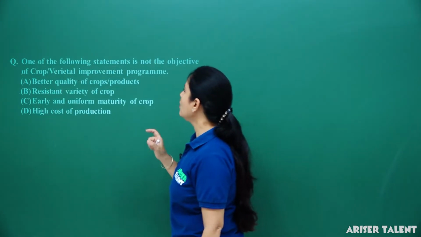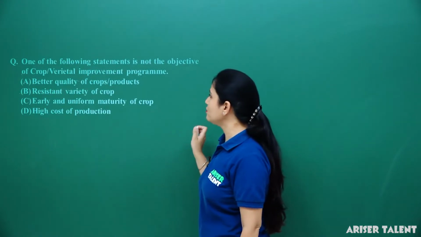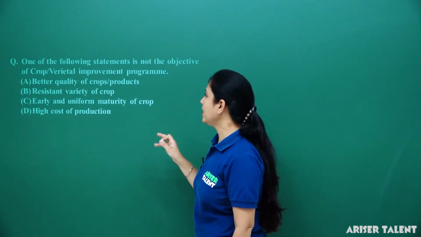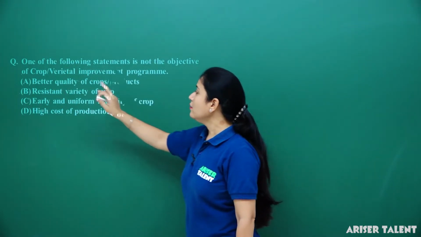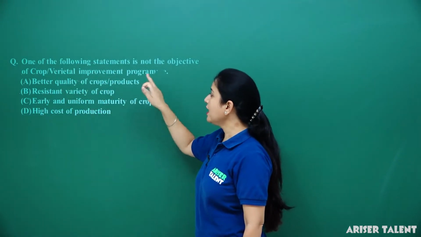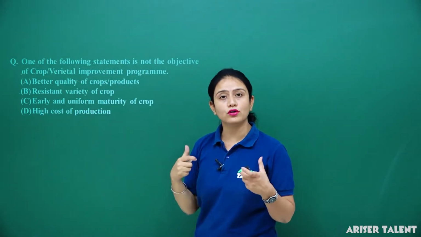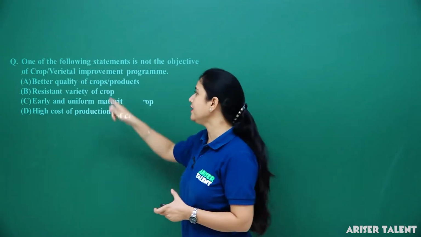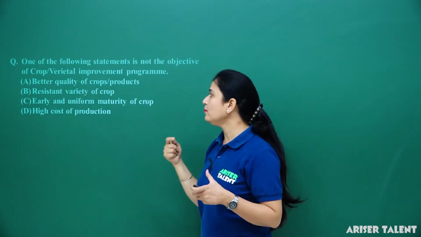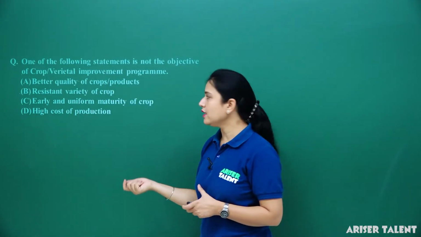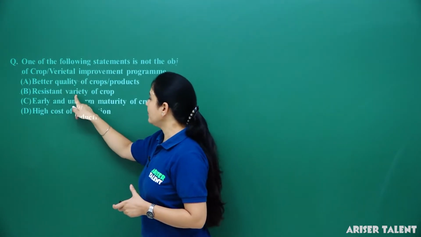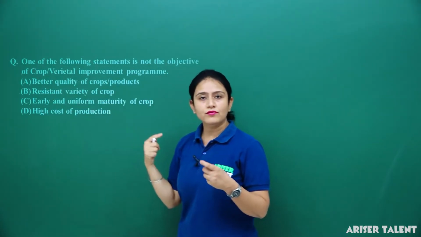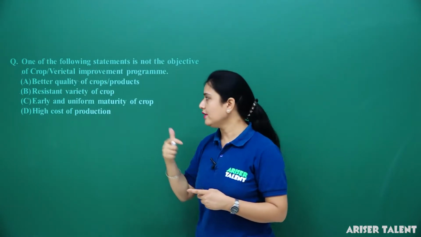Next is, which one of the following statements is not an objective of the crop varietal improvement program? Better quality of crop products, as we are talking about crop varietal improvement, definitely it is part of it. Next, resistant variety of crop, definitely we want to improve the crop, so we want this feature.